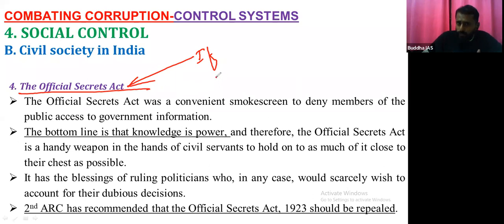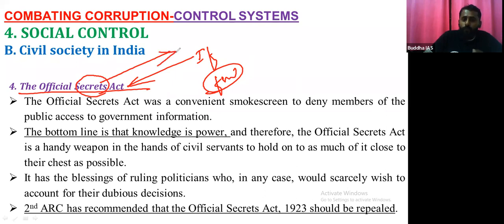So here one point which you have to keep in mind is that the Second ARC says there are few instances where secrecy is needed. There also secrecy is needed. Why? Just to uphold public interest, for the larger public good.